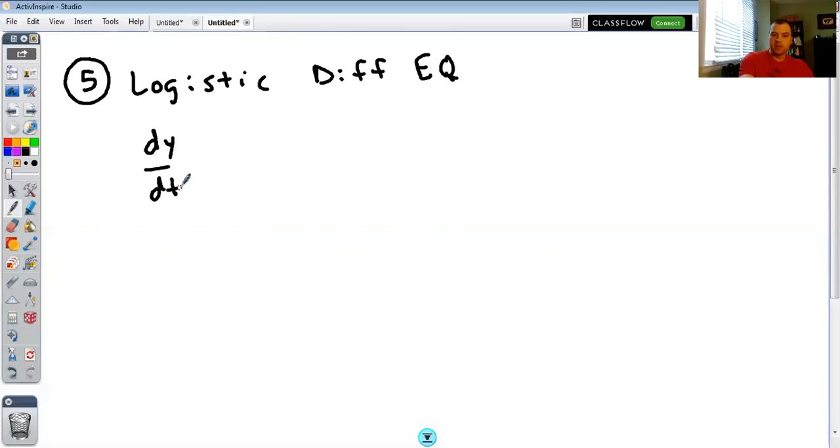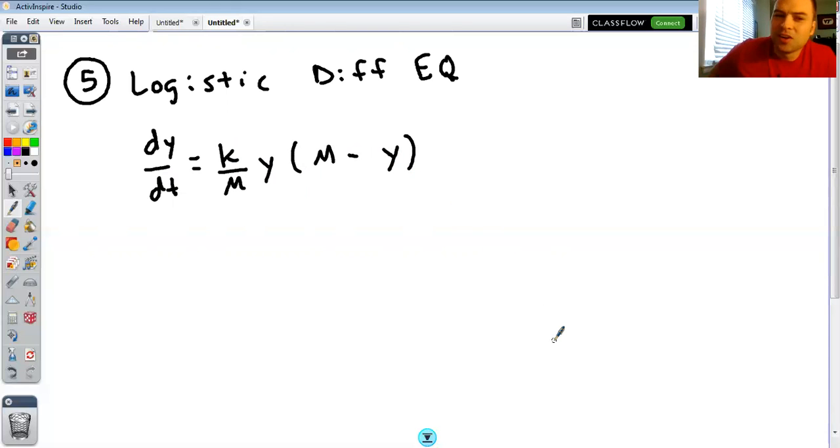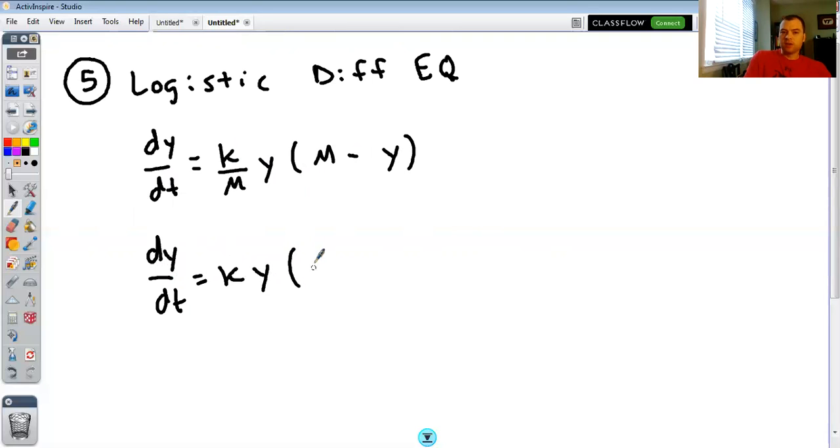So dy/dt is equal to, so our first way would be when we see it where there's some number k. And I'm going to write it like this, and I'll explain the difference between these two in just a second. The other way that we see this written, the logistic, would just simply be some number times y times 1 minus y over.